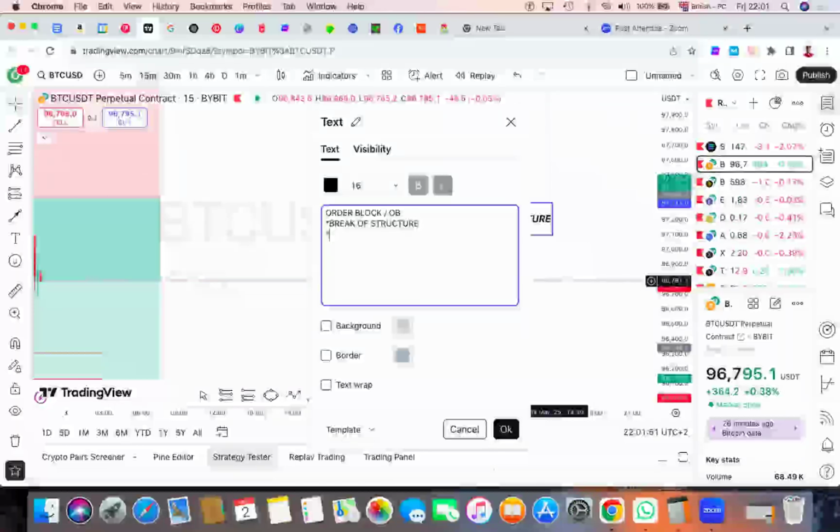We want to make sure that there are institutional candles in our charts, which is also the imbalance. You remember when I talked about the fair value gap, which is also the imbalance, still the same thing, right? The short form for imbalance is IMB. So you can say either IMB or imbalance.